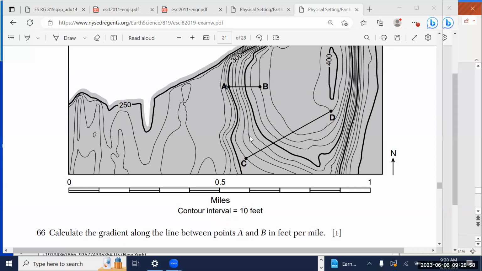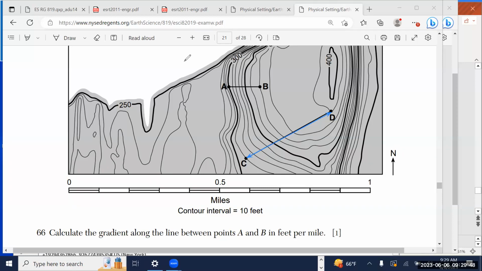On the scrap paper, which is what I'm going to do here, you're going to draw the same line from C to D. Now, you're going to mark the value for every iso line that crosses C.